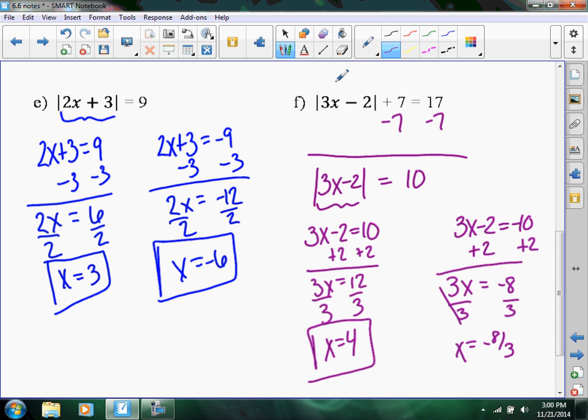So I'll end up getting a negative 8 minus 2, which is a negative 10. Absolute value of negative 10 is going to be positive 10 plus 7 is 17. So yes, that answer works. Even though it's a fraction, when I substitute it back in, I still get a correct answer or true statement.